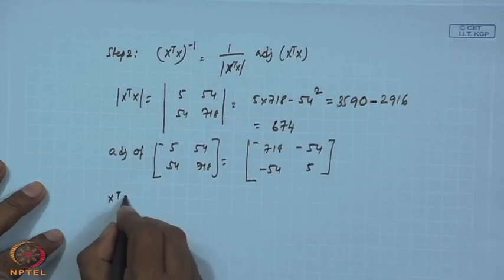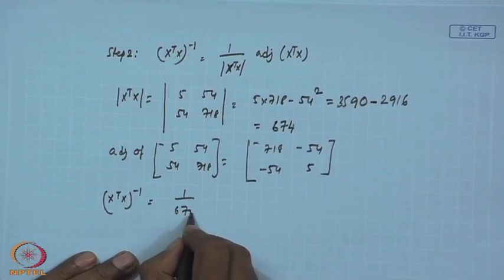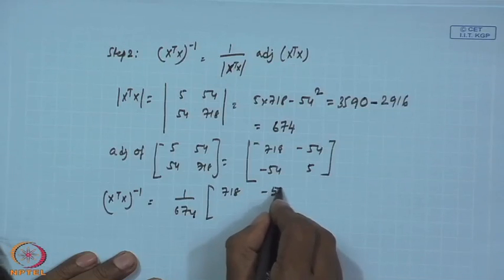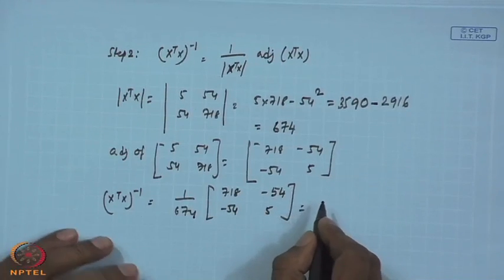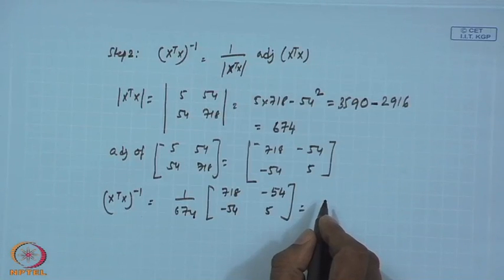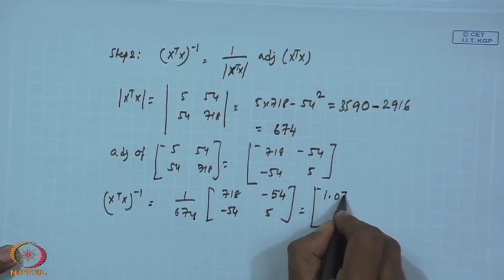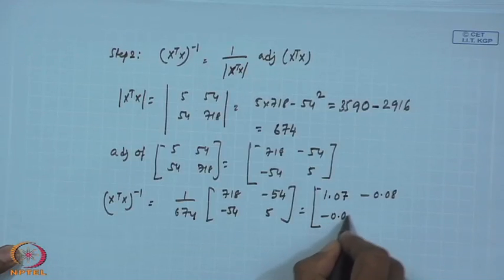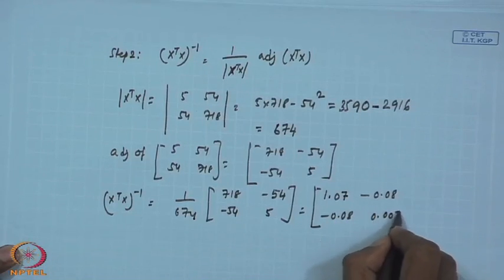So your X transpose X inverse will become 1 by 674 into [718, -54; -54, 5]. The quantity will become something like this: 1.07, -0.08, -0.08, 0.007.